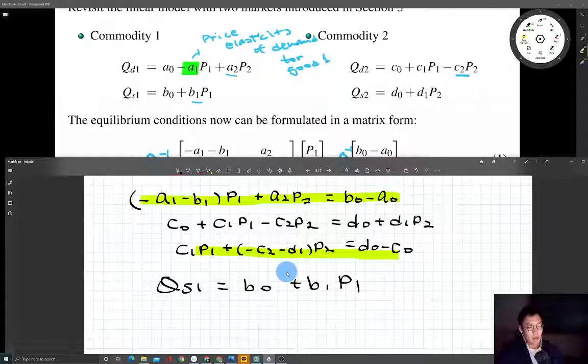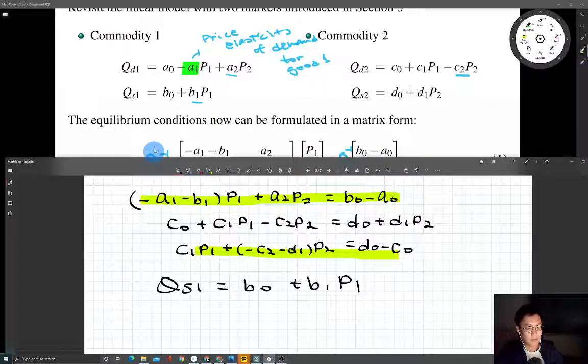If we read this supply equation, it means if the good is sold at a unit price of P1, then this amount of quantity is supplied to the market. Suppliers are willing to supply this amount of quantity to the market.